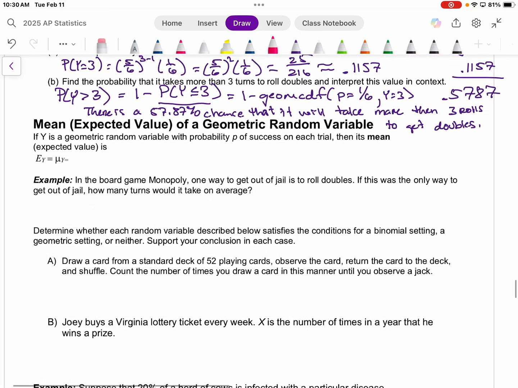What is the mean or the expected value? Remember, expected value, no matter what context we're talking about, is the mean. We want to associate those words together. What is the mean of the geometric random variable?